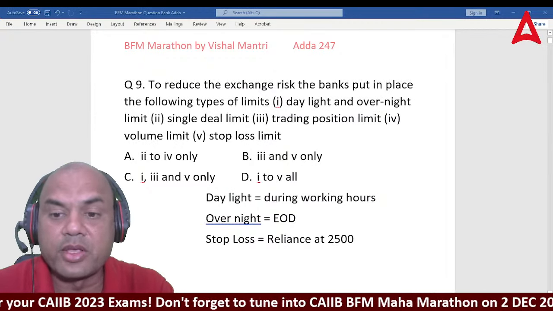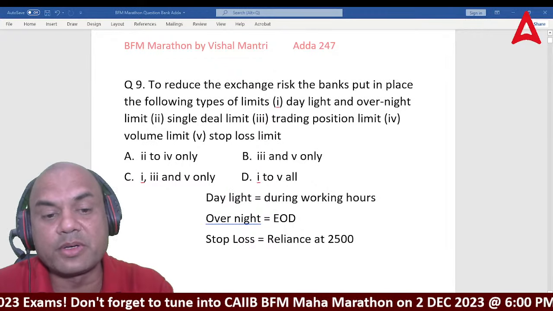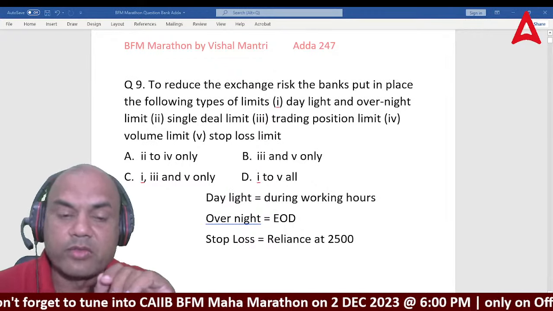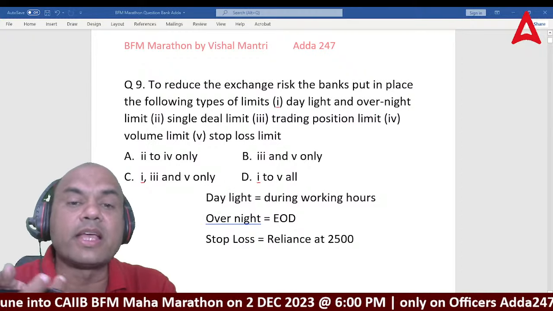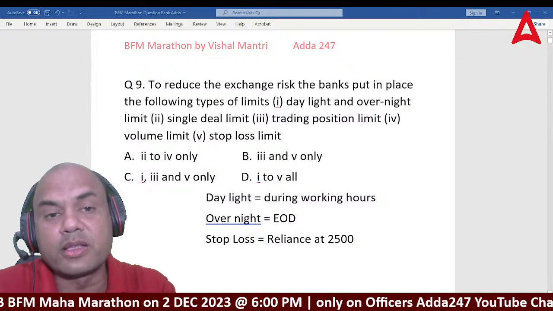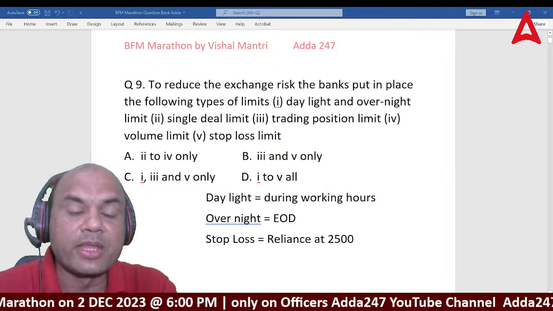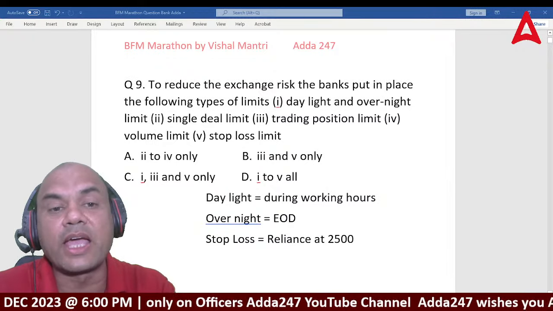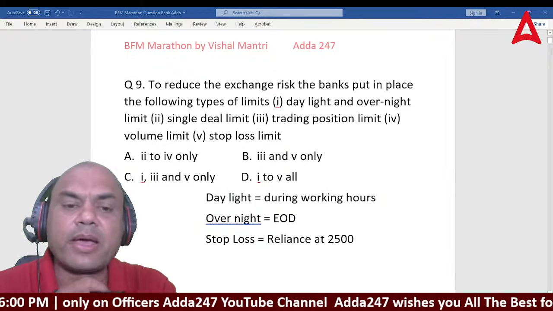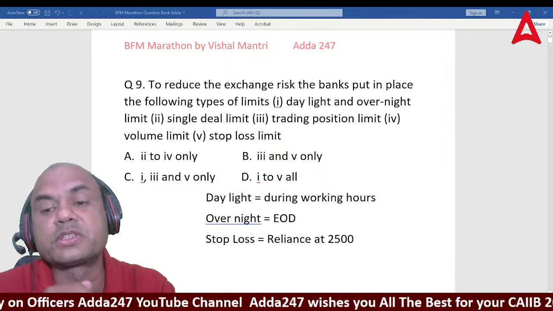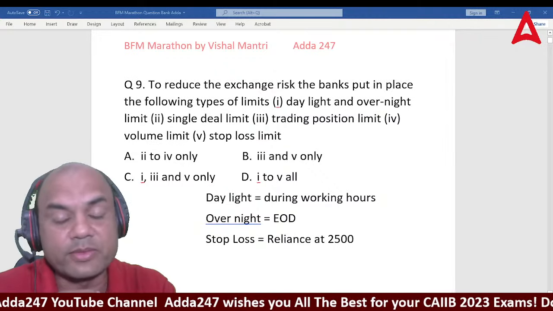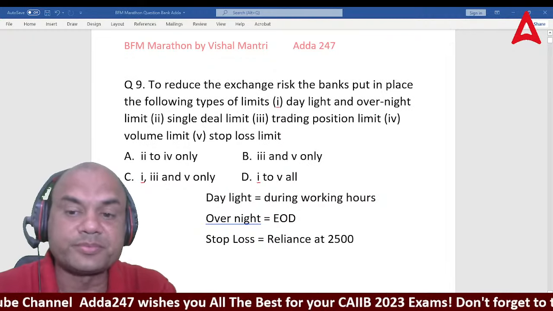That's important. Always remember, banks have their own value at risk concept. Value at risk means how much risk we can take. Generally, banks take 4 to 5% as the stop loss, not more than that.